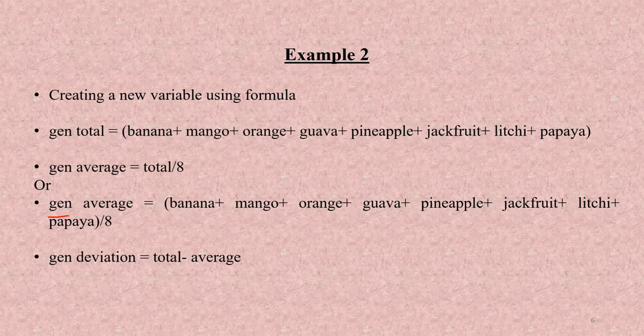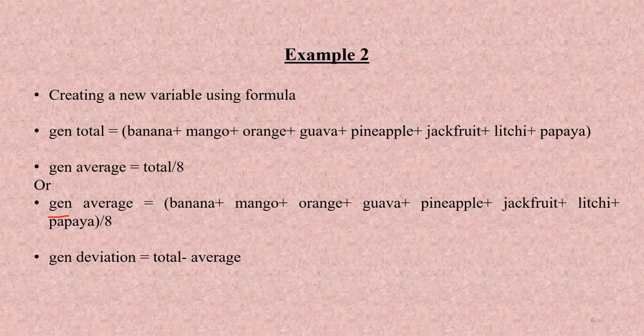Close the bracket, divided by 8. Since we are taking the average and there are 8 fruits, we divide the total by 8. If we already have the total, then we directly divide it by 8. Or if we do not have the total, we can put a formula which creates a total divided by 8. So in this way we can create another variable named average, which is nothing but the average of area under these 8 fruits.